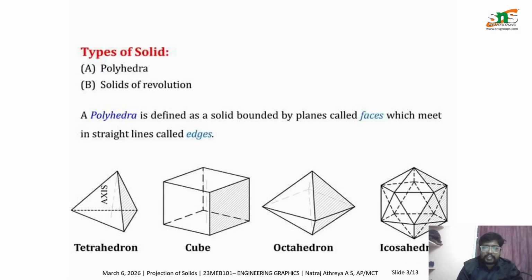For example, we have tetrahedron, cube, octahedron, icosahedron, pentahedron, hexahedron, and so on.